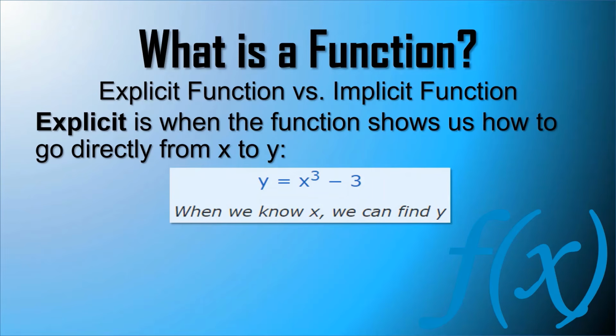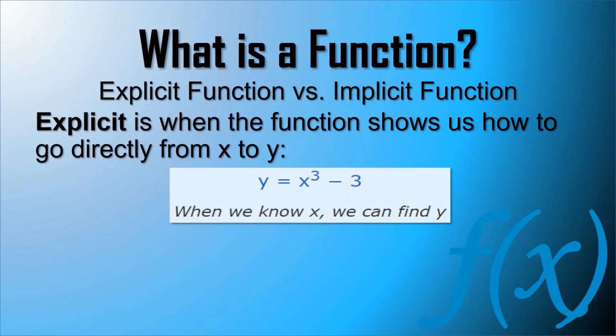Of course, kung may value tayo ng x dito, isa-substitute lang natin sa x natin. For example, 1, magiging 1 cubed minus 3, makukuha ko yung value ng y, which is 1 minus 3, or that is equal to -2. Okay? It is directly showing us the result without any difficulty.